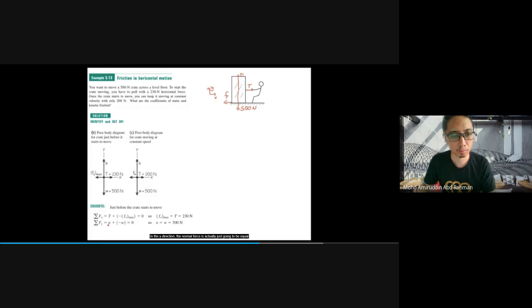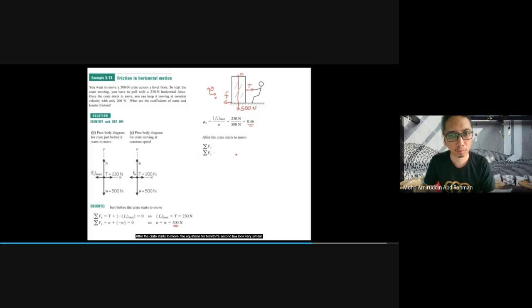In the y direction, the normal force is actually just going to be equal to the weight, which is 500 newtons. Now I use the definition of the maximum static friction force as simply the coefficient of static friction times the normal force, and divide this value by the normal force as shown here, and I find the coefficient is 0.46. Notice this has no units.